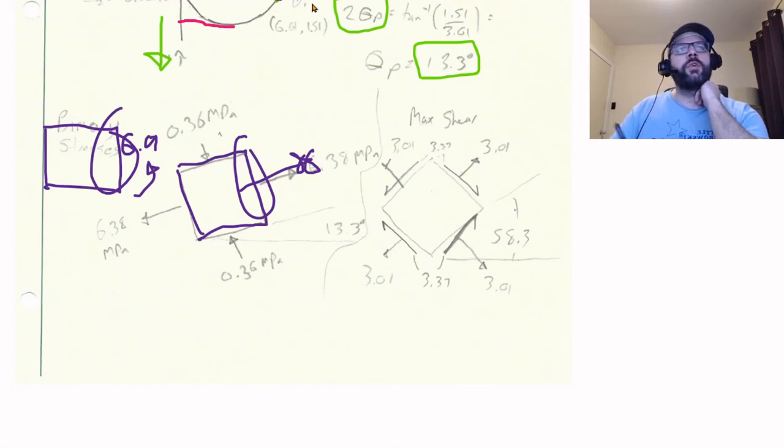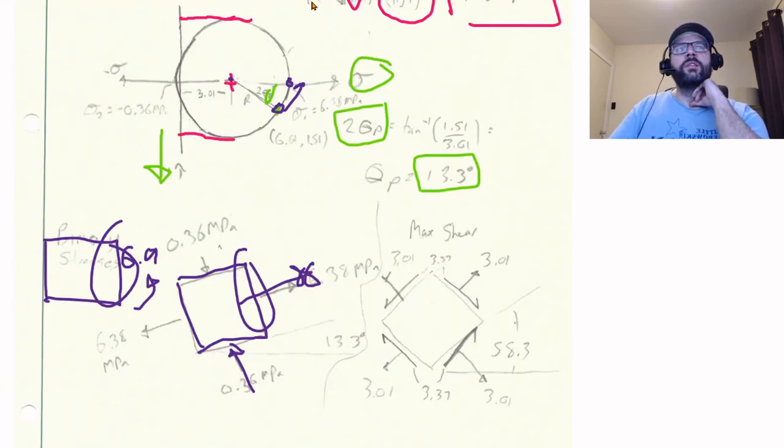That is our prime stress, which was calculated based upon the center plus the radius. And then here we've got our compressive stresses that would be induced, the 0.36 megapascals, which was calculated based upon the center minus our radius, from here to here.